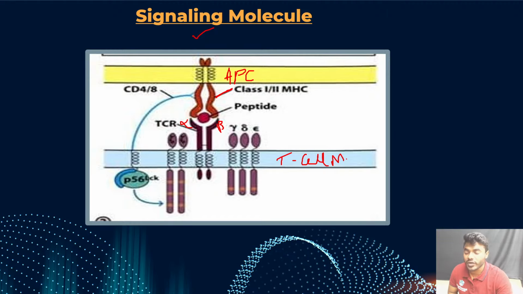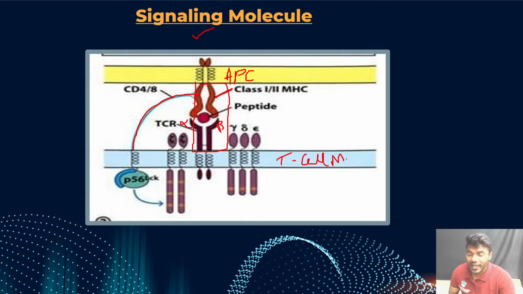Every student has to look into the diagram very carefully. Now the MHC molecule and TCR alpha and beta are associated with each other. Yes, they will be associated with each other. Along with that, friends, it is also associated with CD4 or CD8 depending on the type of T cell. Now the point I want you to know is that along with the alpha and beta receptors, there are many co-receptors of the T cell.